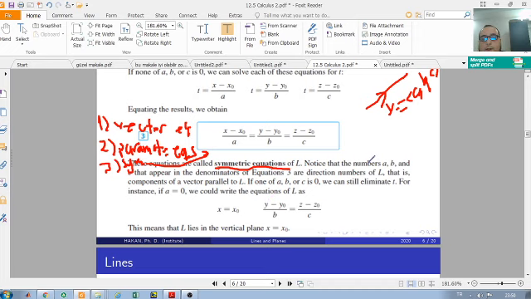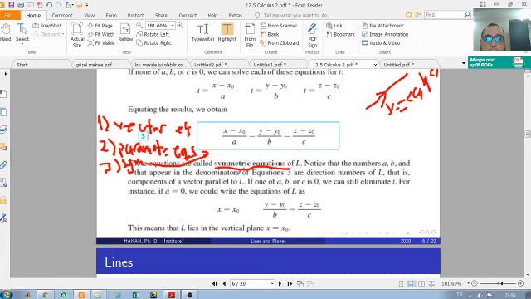The numbers which are the components of the direction vector appear in the denominators of the symmetric equations. The components of a vector parallel to L can be 0, so we can still eliminate t.